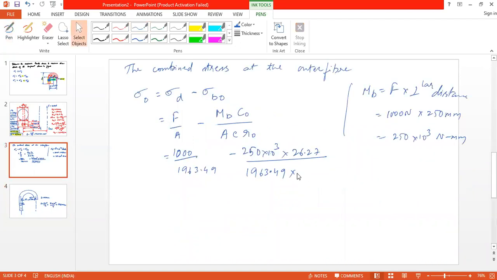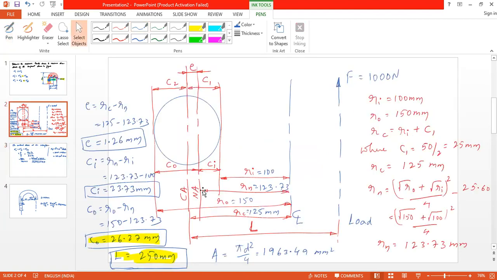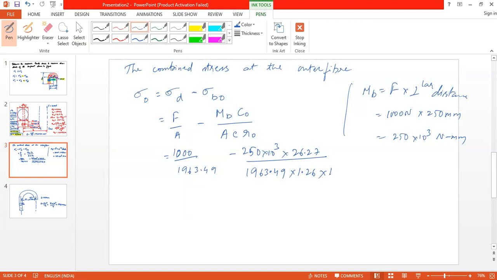Okay, now what is the eccentricity? It is 1.26. So 1.26 multiplied by what is the R naught? R naught is 50 mm. So what is the answer?